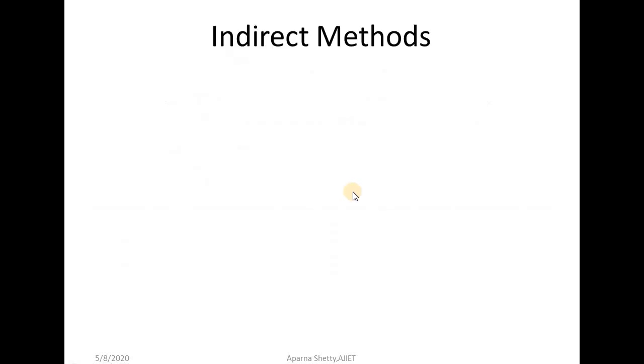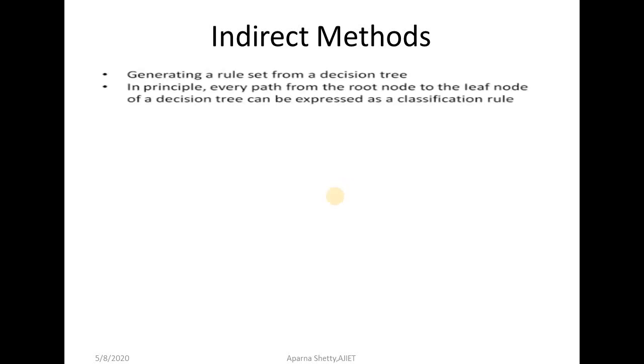Till now we have seen direct methods for generating rules. Next we will see the indirect methods for generating rules: generating a rule set from a decision tree. As I told you, in direct methods we generate the rules directly from the records or the given data set.